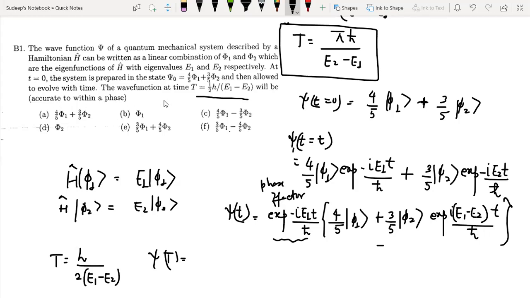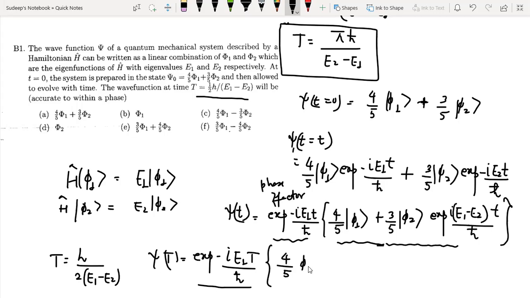So within a phase, we want to write this is the phase, and within this phase, this is the wave function. So at any later time t, my wave function would be associated with the phase factor, which I should not be bothering at all. So leave this particular phase factor. What is the wave function within that phase factor? This is what has been asked in the TIFR exam.